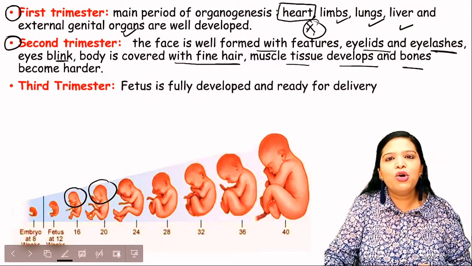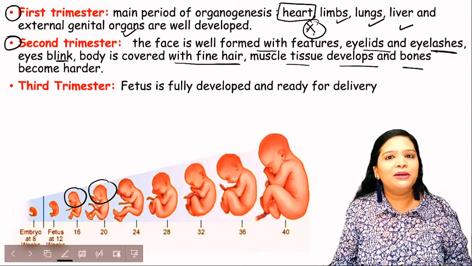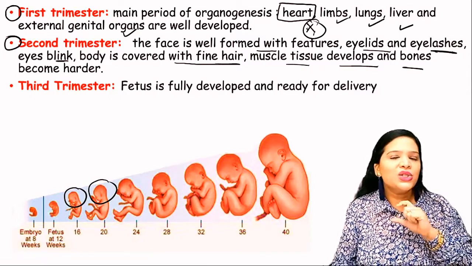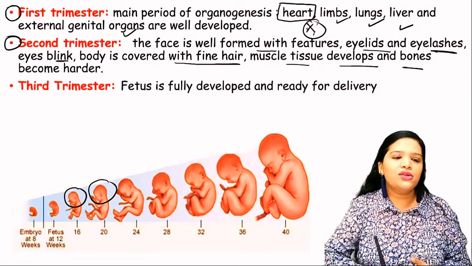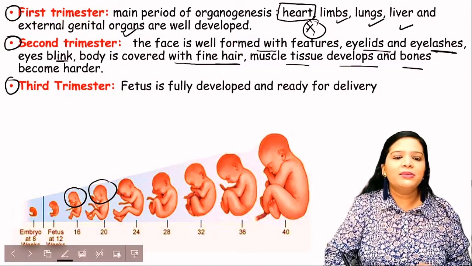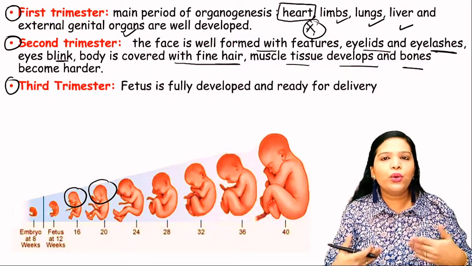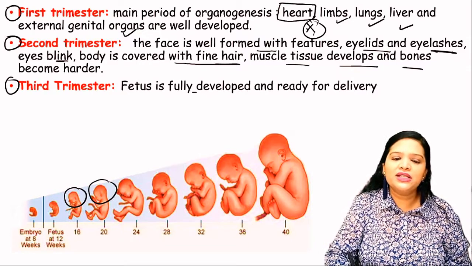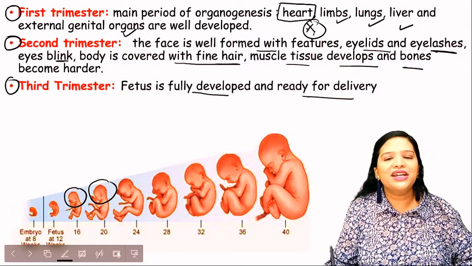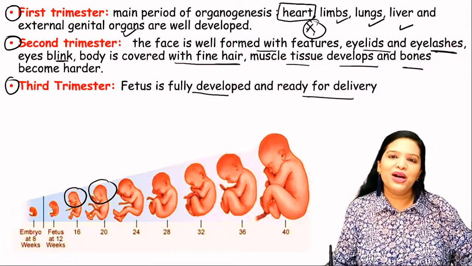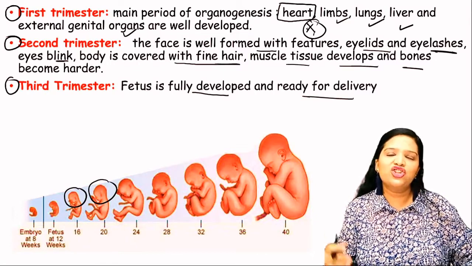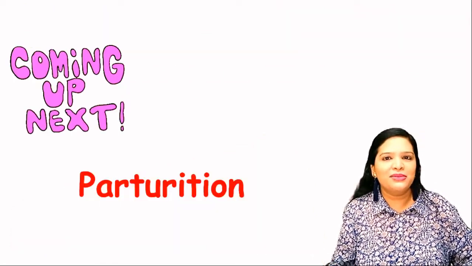Muscles, tissues, bones, everything now becomes developed and stronger. Okay, so this happens during the second trimester. And in the third trimester, all the organs grow further, and now the fetus is fully developed and ready for delivery or parturition. Okay, so these are the changes which occur in the trimesters.